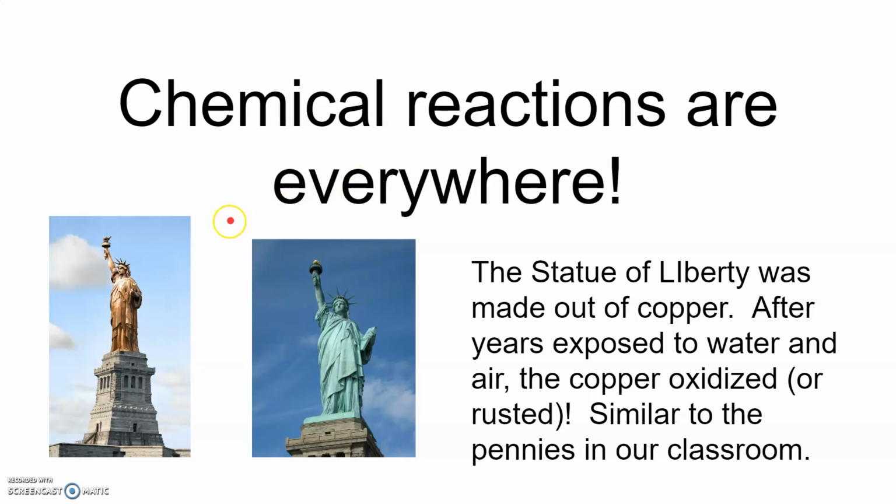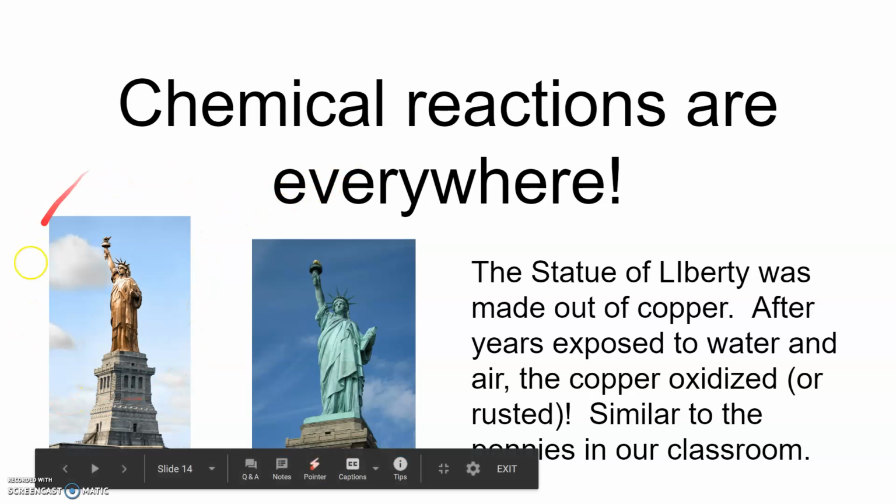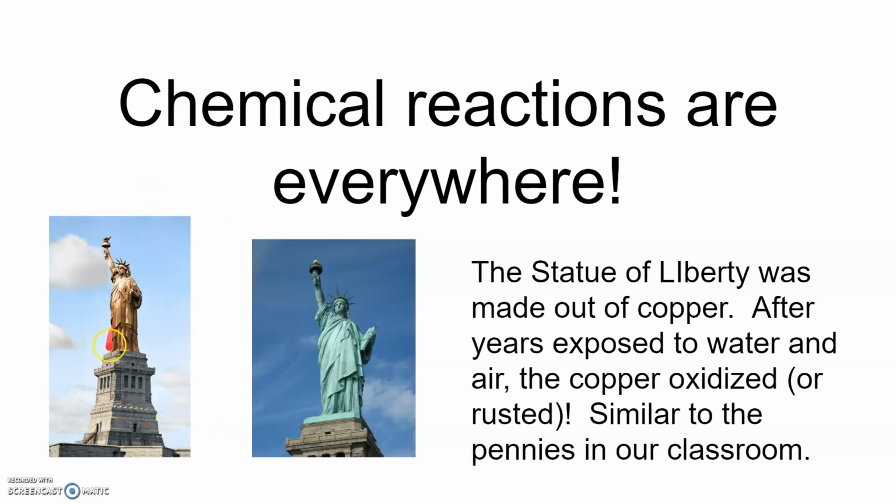Just to give you another example, this is what the Statue of Liberty originally looked like back in the 1800s. It looked like a brownish gold color. It was made out of copper. And thinking back to our experiments in the classroom with the copper pennies, when copper comes into contact with an acid, it starts to change, okay? There's a chemical reaction.